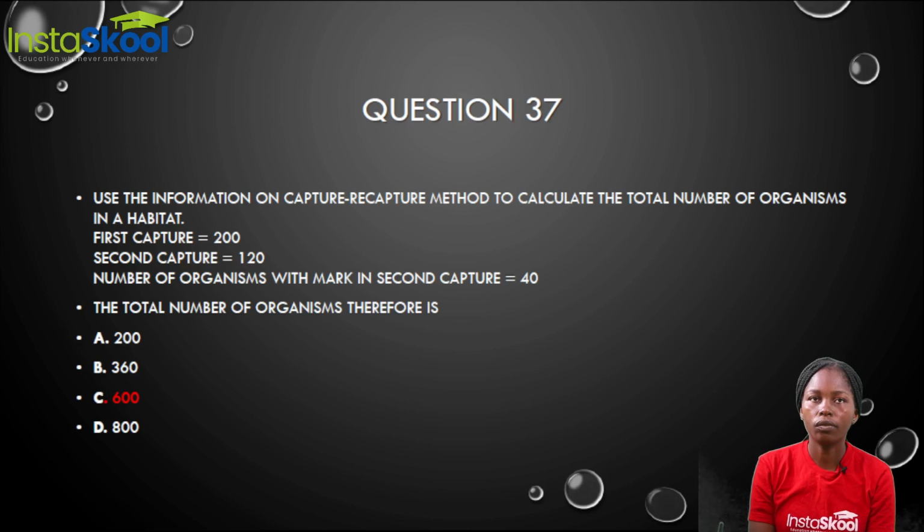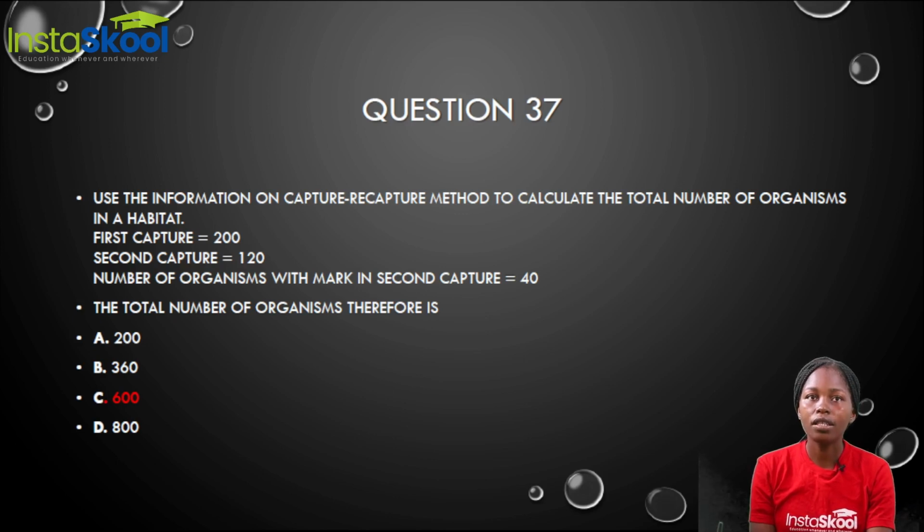Question 37. Use the information on the capture-recapture method to calculate the total number of organisms in a habitat. And we've been given parameters. We have the first capture to be 200, second capture to be 120, and the number of organisms with mark in the second capture to be 40.